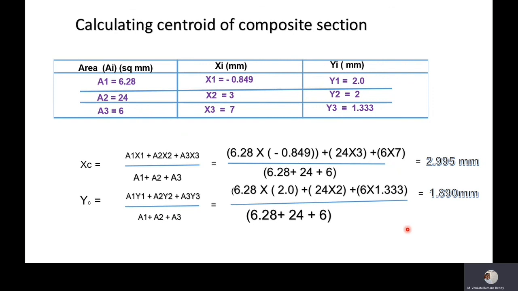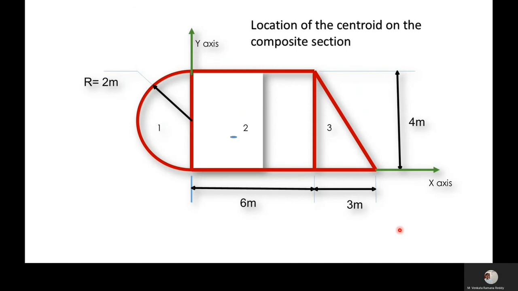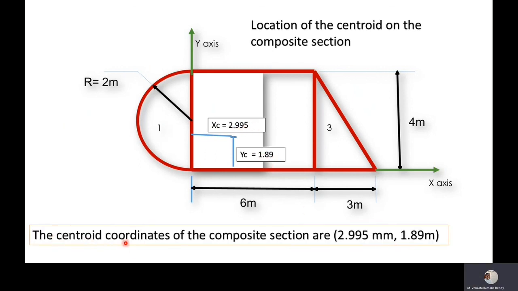Therefore, this is the location of the composite section centroid. The centroid coordinates of the composite section are 2.995 and 1.89.